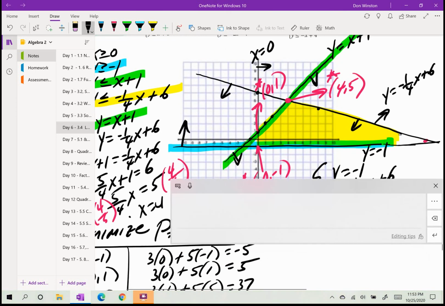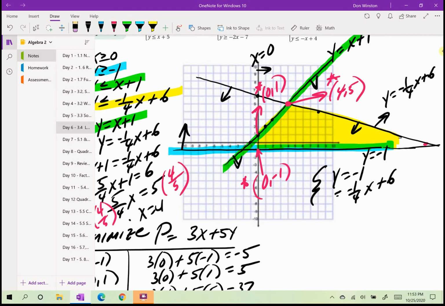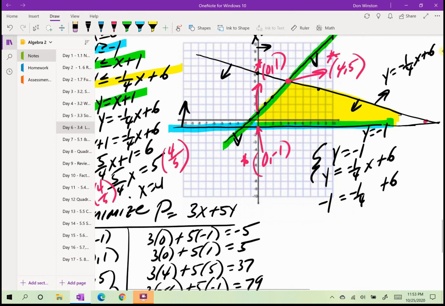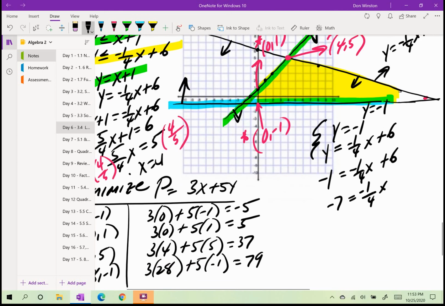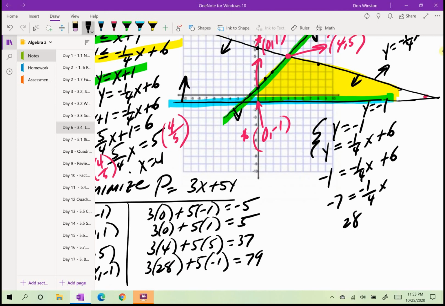So we want to find the intersection of the two. Okay, so we set y equal to y. So we have negative 1 equals negative 1/4 x plus 6. And then if I subtract 6 from both sides, I get negative 7 equals negative 1/4 x. And then multiply by negative 4, I get 28 equals x.